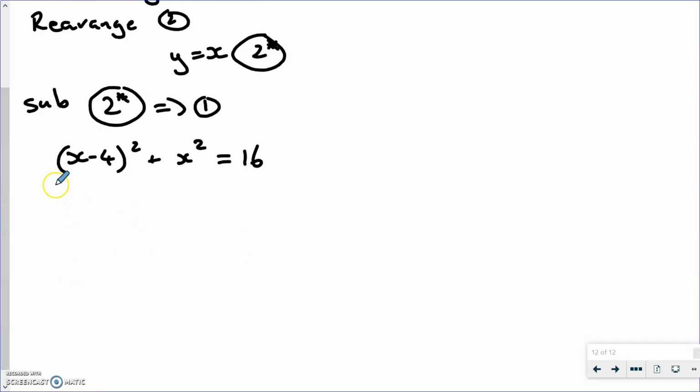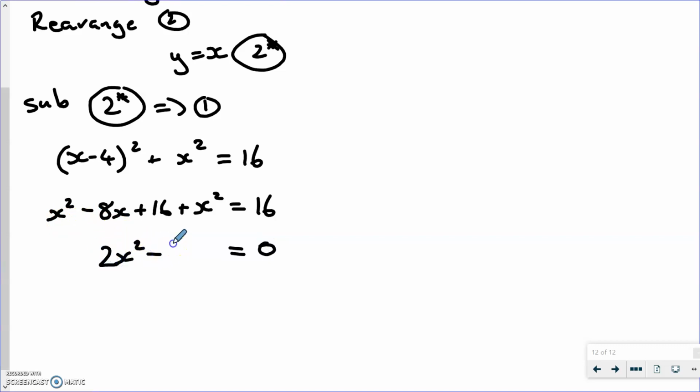Okay, a little bit of algebra now. Let's expand this bracket. x squared minus 2 times 4 times x, so that's 8x, plus 16, plus x squared equals 16. Minus 16 on both sides cancels out, so we end up with 0 on this side. We're going to have 2x squared minus 8x.